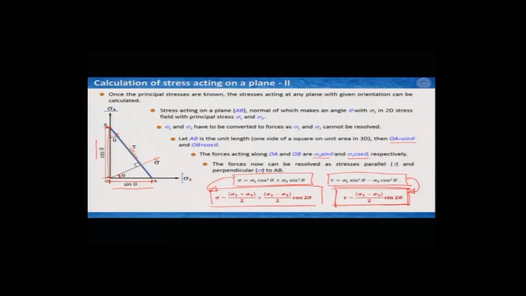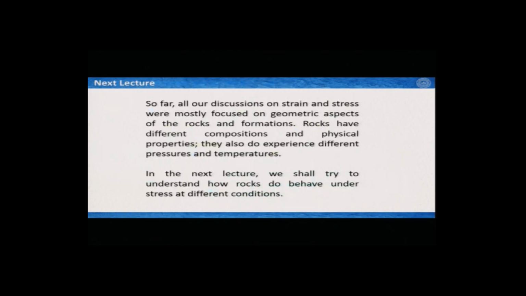I hope we have more or less a very good understanding of the strain in the previous lecture series and now this stress. So our discussion so far on strain and stress was mostly focused on geometric aspects. We did not consider what the material was, what the material properties were and so on, but we know that rocks have different compositions and various physical properties.